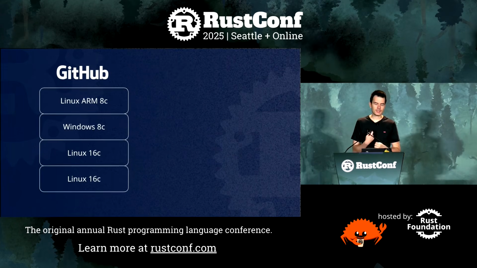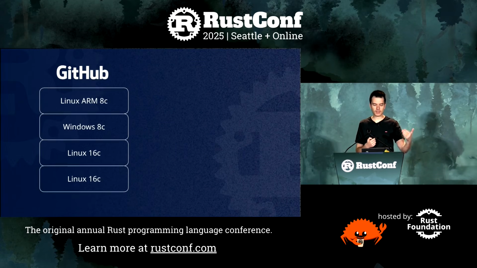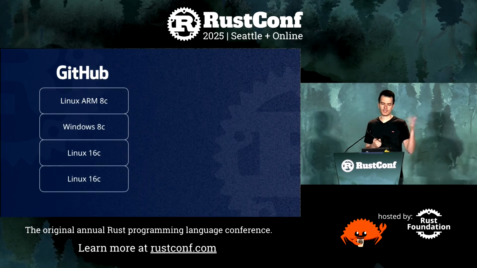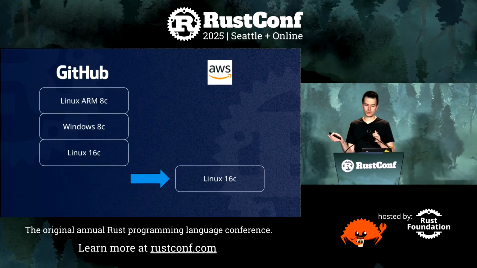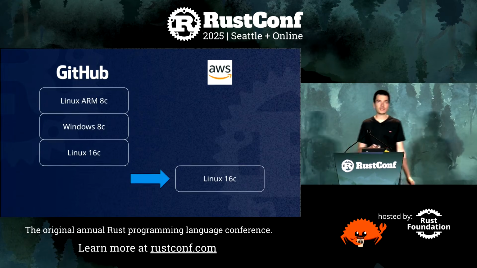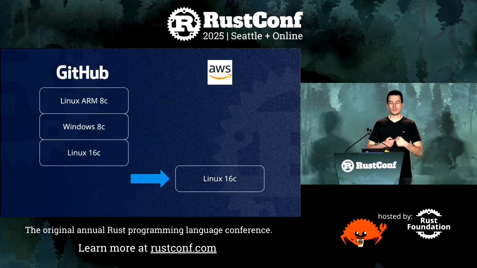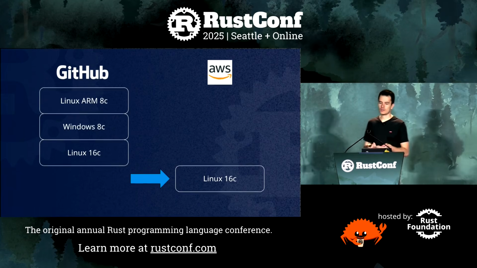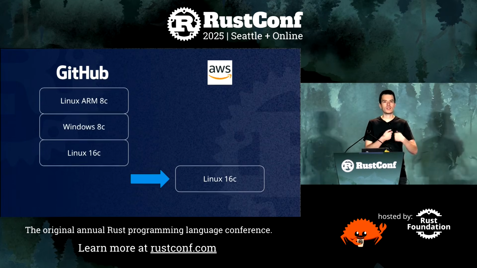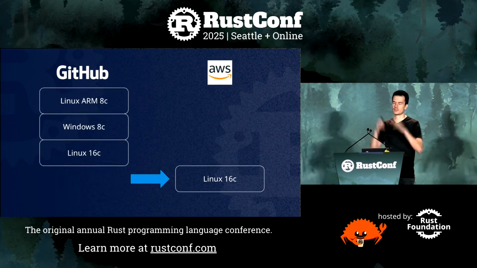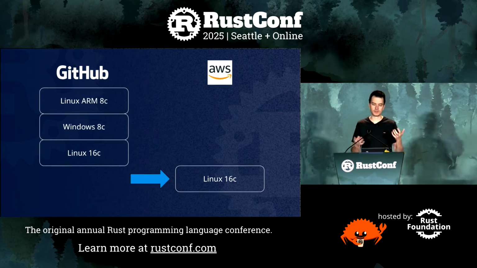So these are the large runners that remained in GitHub. What we did was move one of them to AWS, and this was a huge win for us, because we verified that our vendor lock-in in GitHub Actions is not that much. Of course, we need to use the GitHub Actions workflow syntax and so on.